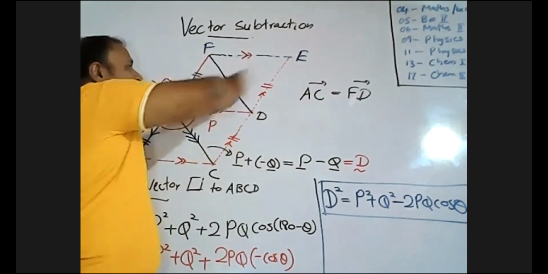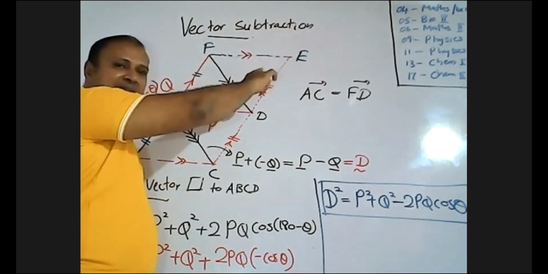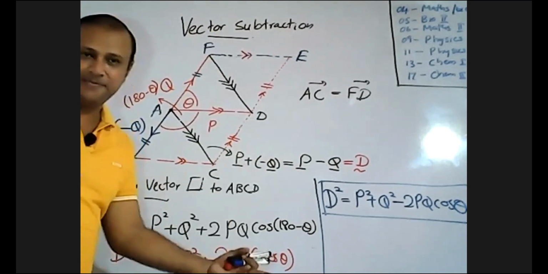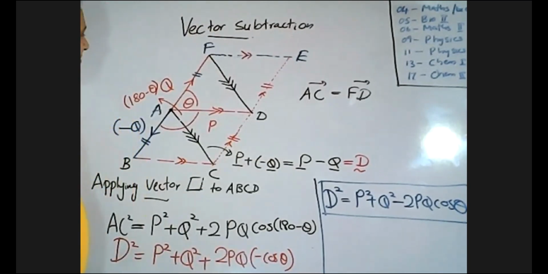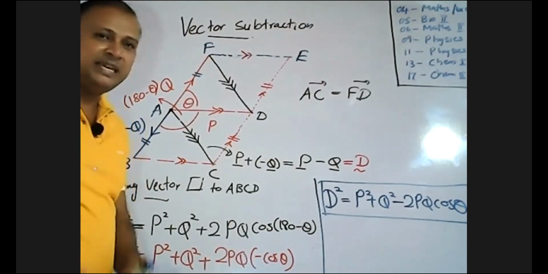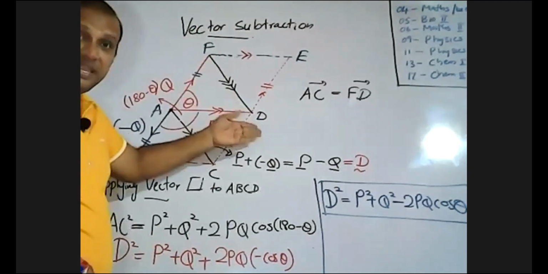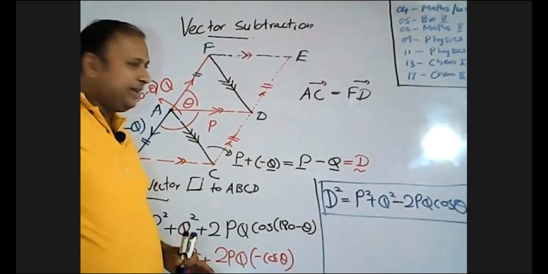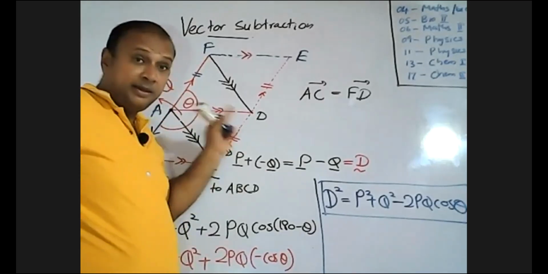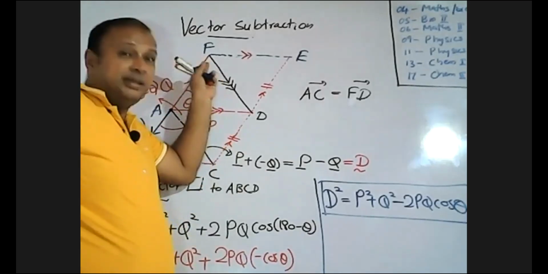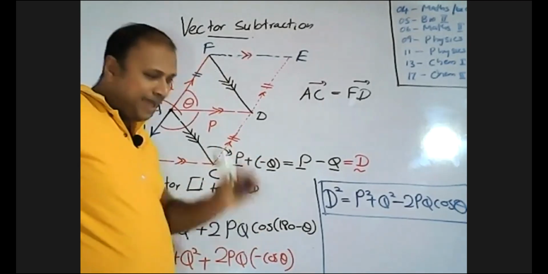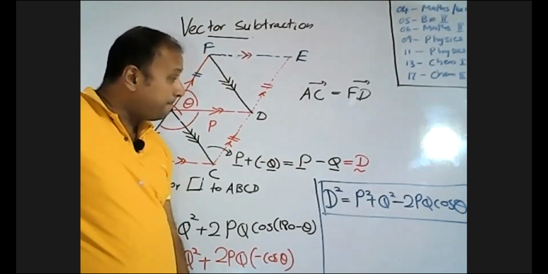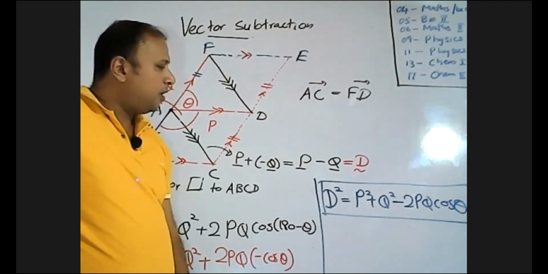So AE gives R while FD gives D. The difference is given by the other diagonal of the vector parallelogram. The magnitude of the difference is equal to the square root of P squared plus Q squared minus 2PQ cos theta.